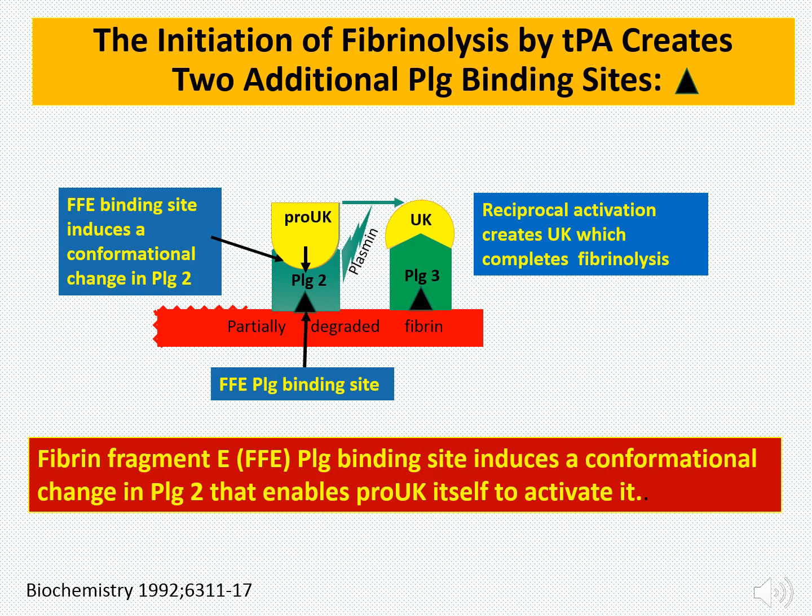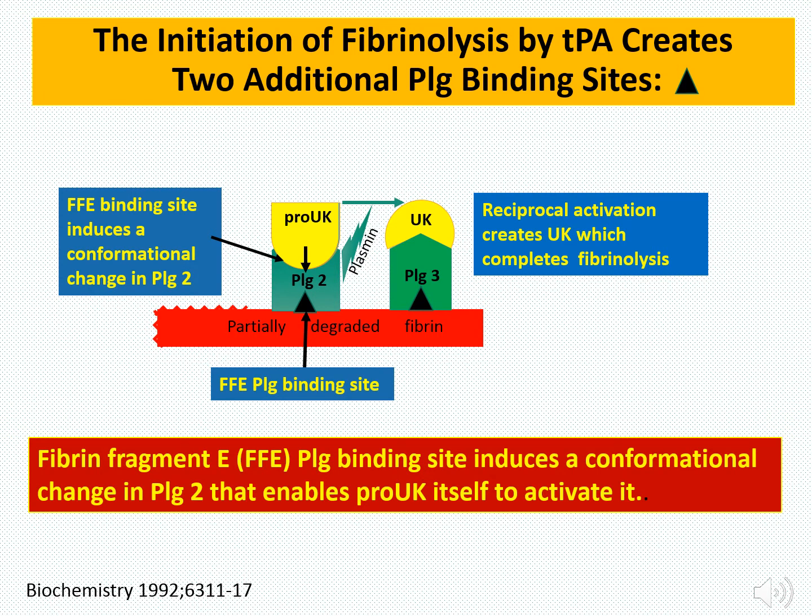What the slide also shows is that there are two forms of UPA, the proenzyme form called pro-UK and the enzyme form called UK. And you get from one to the other by plasmin, which activates pro-UK to UK. But before that happens, pro-UK itself becomes a plasminogen activator in the presence of the conformationally changed plasminogen 2 related to its binding to the FFE binding site on fibrin.